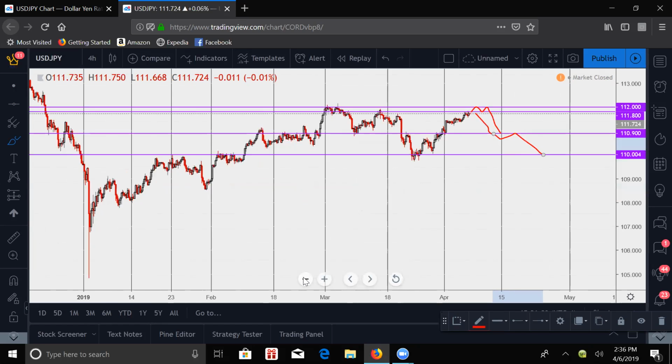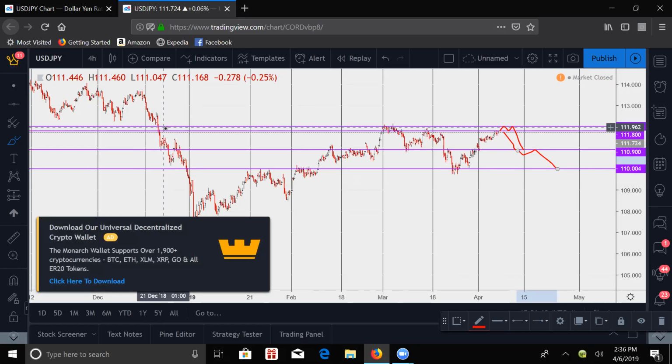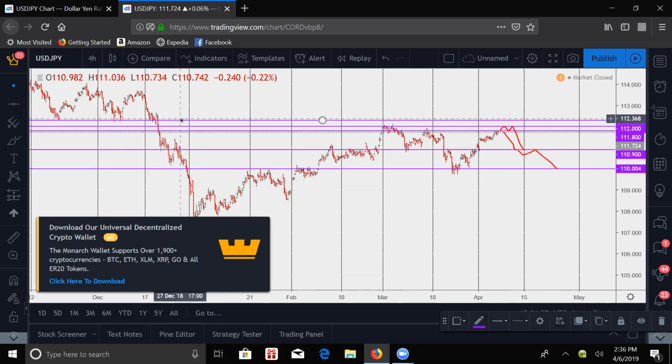But let me go over this: if price was to break this area of 112, I'd say price could come up to 112,300 possibly.